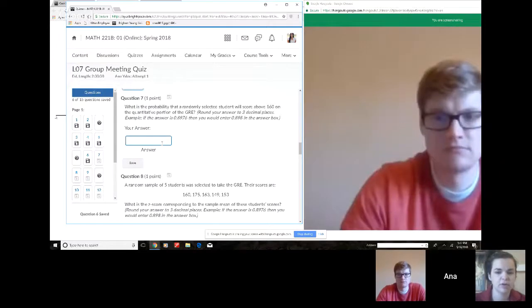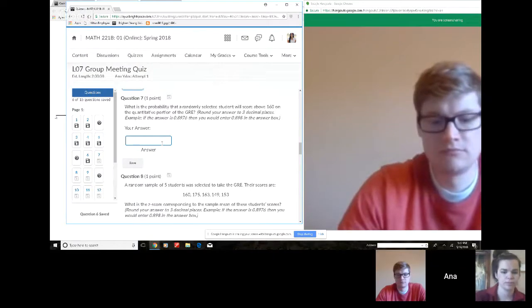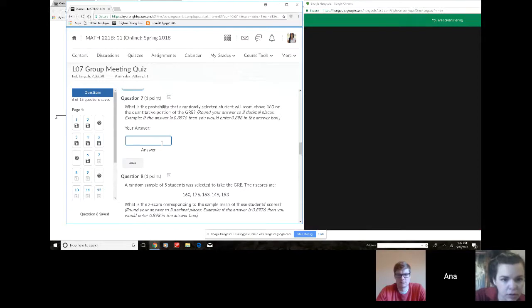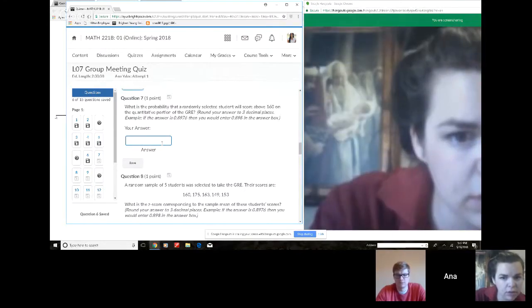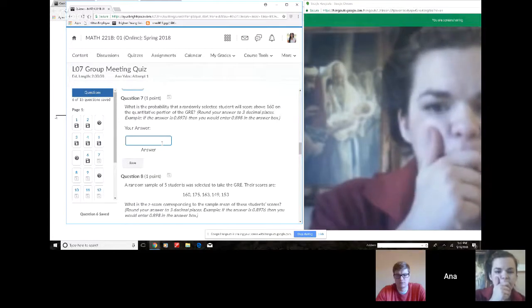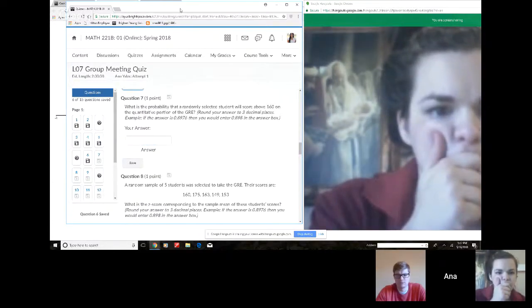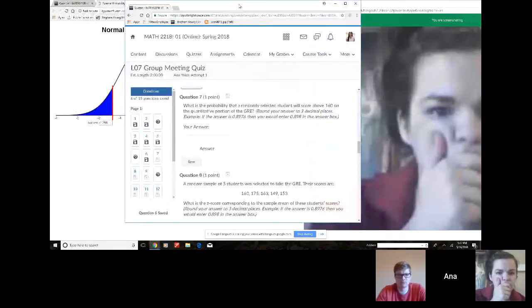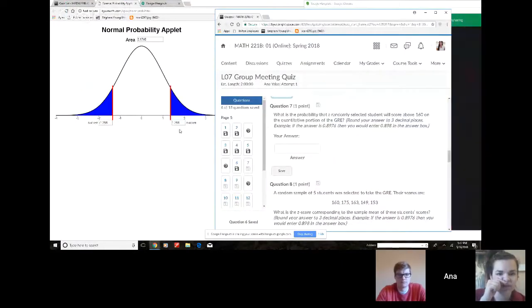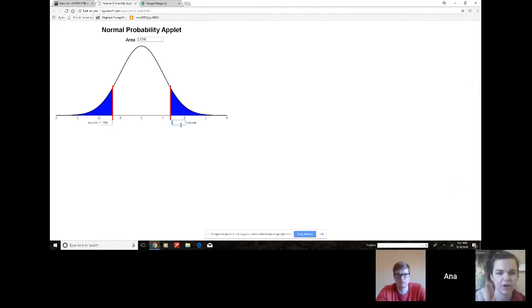So the formula here is 160 minus 150.8 divided by 8.8. You just take the z-score that you've already figured out from the last problem, put it in, and then highlight the furthest to the right.